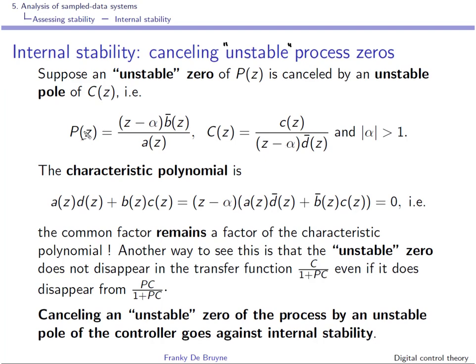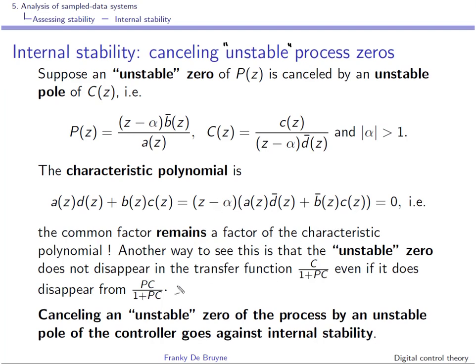So if you multiply P and C, you can see that they cancel out. But again, even if you cancel it out in the loop gain P times C, it will remain in some of the transfer functions, and it will remain in the characteristic polynomial.